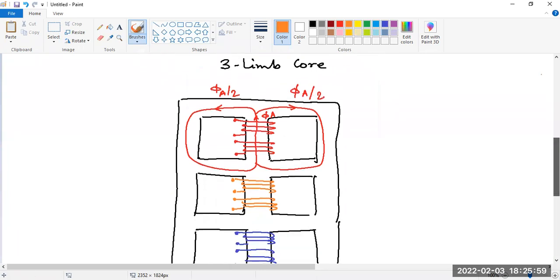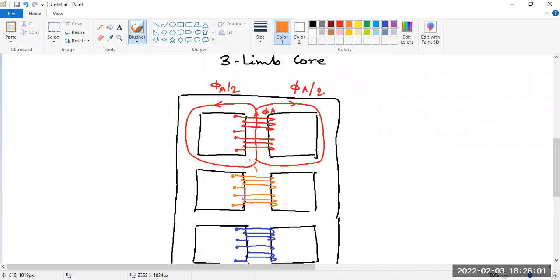Okay. Now for this phase B, this is the flux for phase B. So this is phase B flux divided into equal halves.